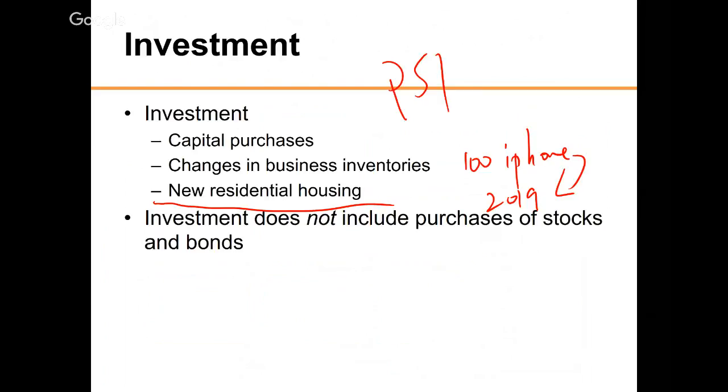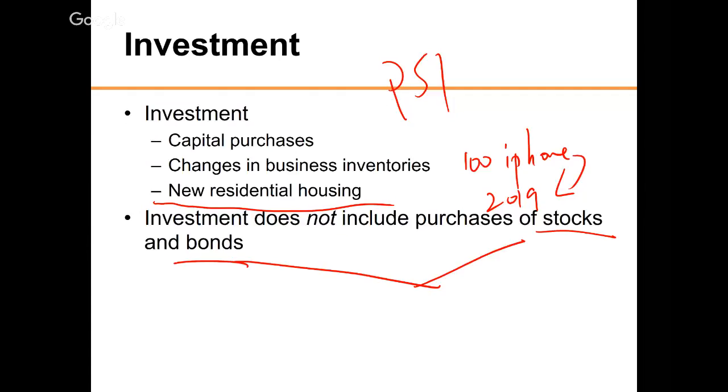Now, what's not included in here is the common sense of investment, such as stocks and bonds. The reason why this investment does not include stocks and bonds is that they're financial investments. They're a representation of an ownership of a company.